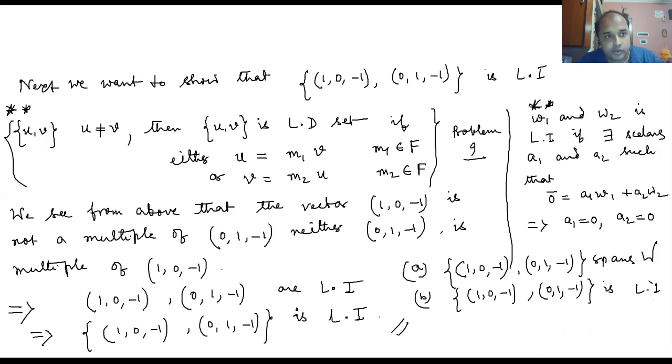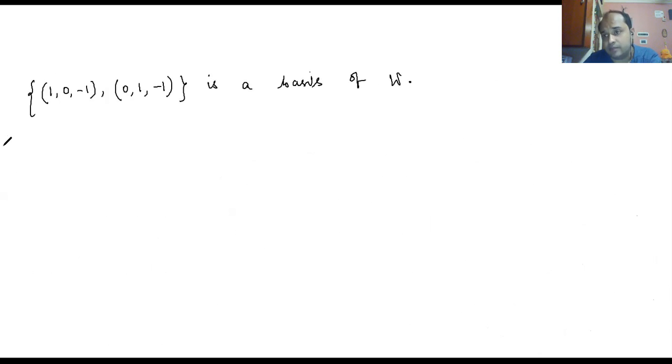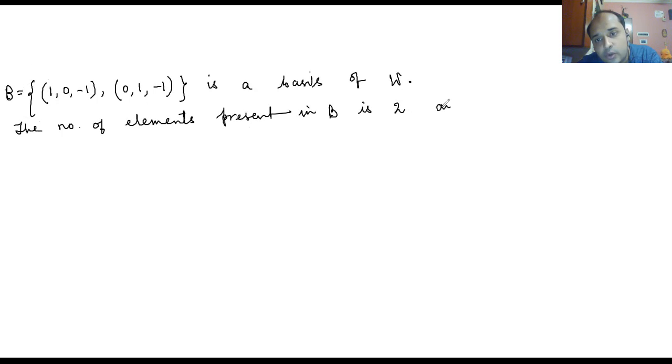So we have seen that the set (1, 0, -1), (0, 1, -1) is a basis of W. Now, the number of elements present in this basis, which I can name B, is 2, and so the dimension of W is equal to 2.